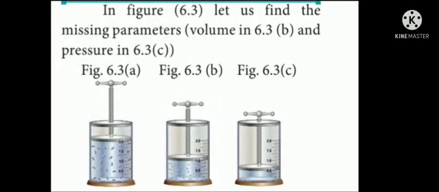Next we will discuss the problem based on Boyle's law. In picture 6.3, let us find the missing parameters: volume in 6.3b and pressure in 6.3c. Here in this problem, T represents temperature, P represents pressure, V represents volume.